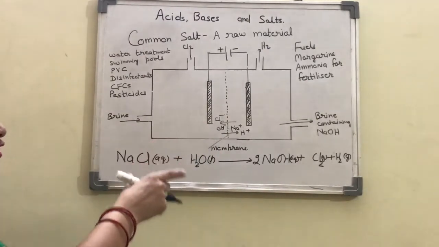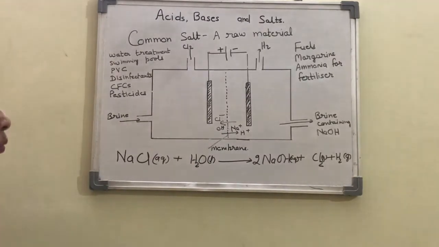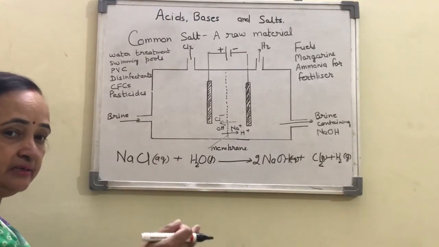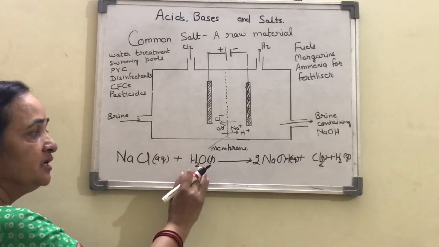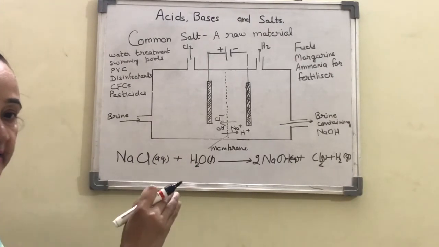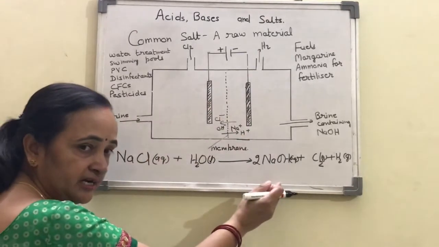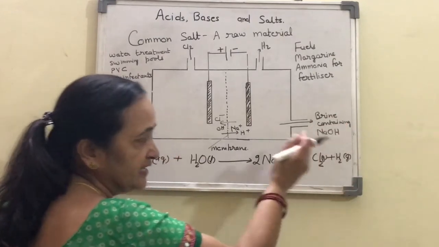So whenever sodium hydroxide has to be prepared, electricity is passed in a brine. And brine is the aqueous solution of sodium chloride, that is common salt. So when electricity is passed, sodium hydroxide, chlorine gas, and hydrogen gas are formed.